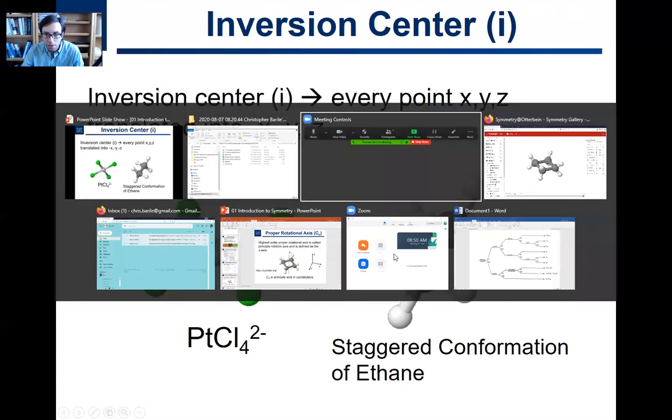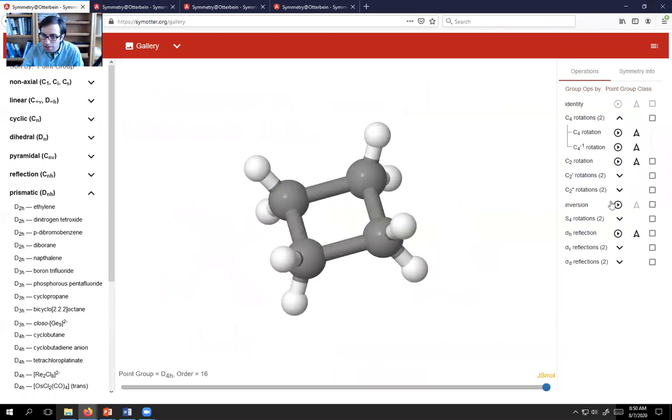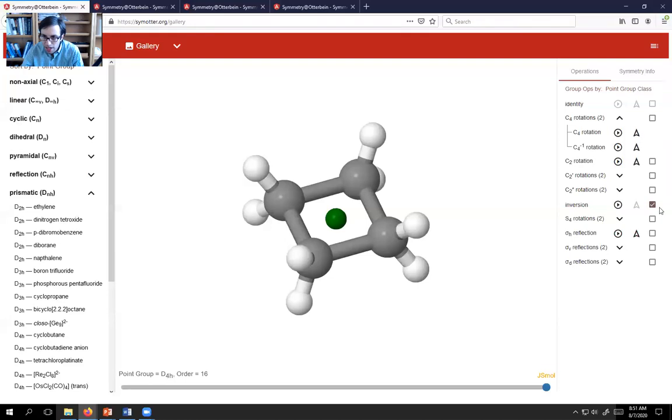And again, a really good way is to go to this website. Cyclobutane, it turns out, also has an inversion center. So if we hit here, it'll show us where the inversion center is. Well, the inversion center is always in the center, so they just put a dot in the center. You're translating all the points from x, y, z to minus x, minus y, minus z. How does that look? All those atoms are going to go through the point.